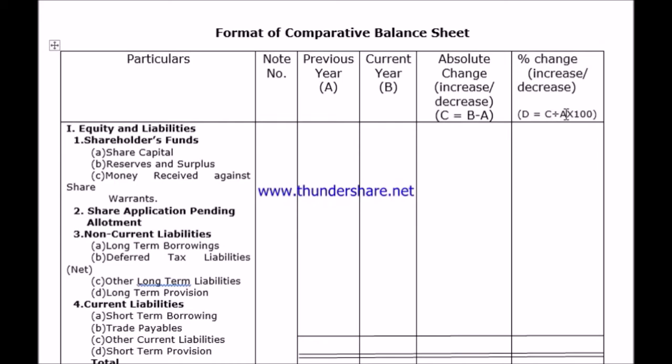So this thing we have learned. One more thing I told in the previous class: if this figure or this figure is negative, then how to show that one? We have to keep that within a bracket. So these are the matters we learned in the previous class.